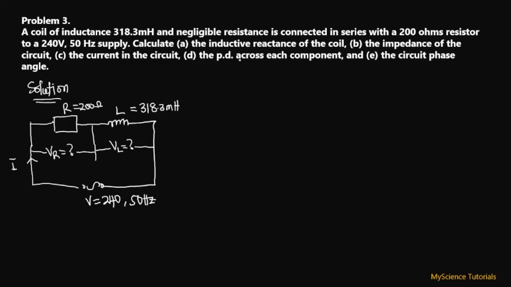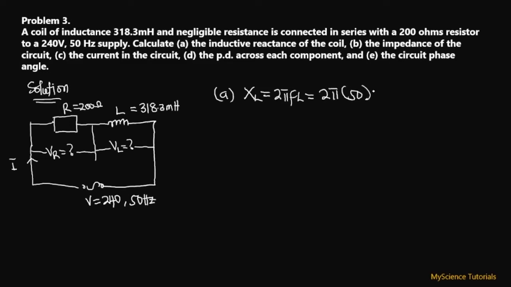And then the first aspect of the question, A, is for us to find the inductive reactance, which is XL. And from the previous example that we did, we know that XL is equal to 2 pi FL. So with that in mind, we just write 2 pi FL, and we do the necessary substitutions. We know our frequency has been given to be 50.